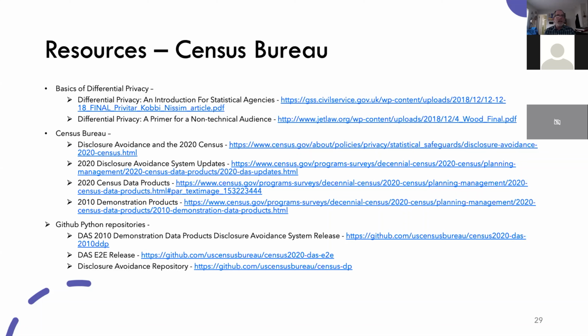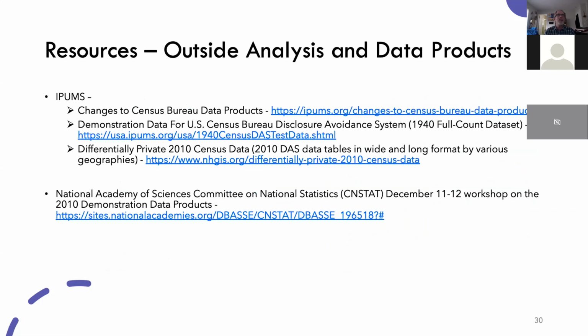It's actually very accessible and can be run using a very basic Python code setup. So I would definitely encourage anyone interested to check out the disclosure avoidance repository there at the bottom of the page. Additional resources, IPUMS, David Van Riper's analysis is online. I would highly encourage you to check that out.